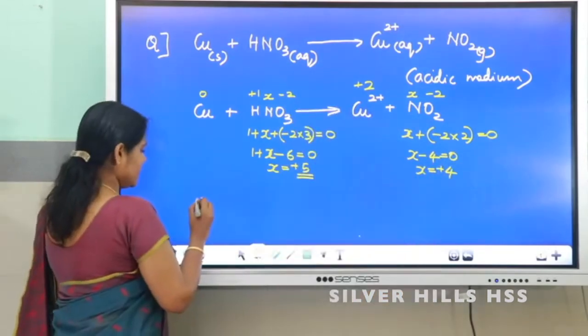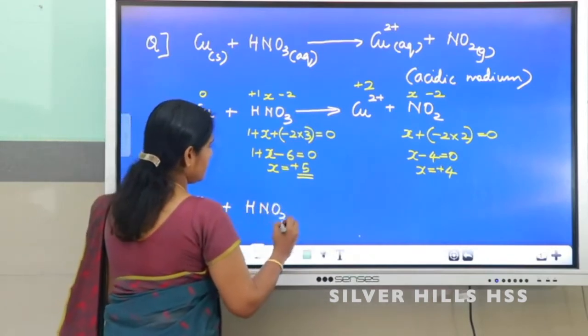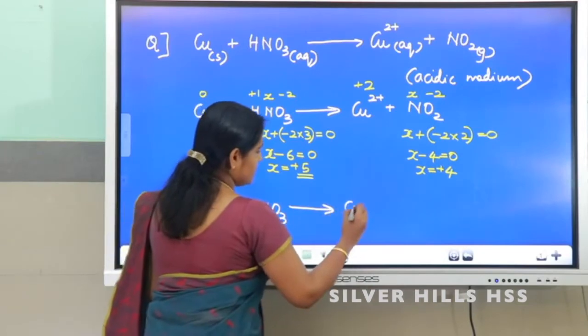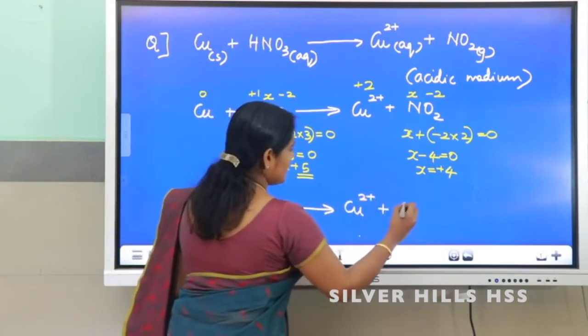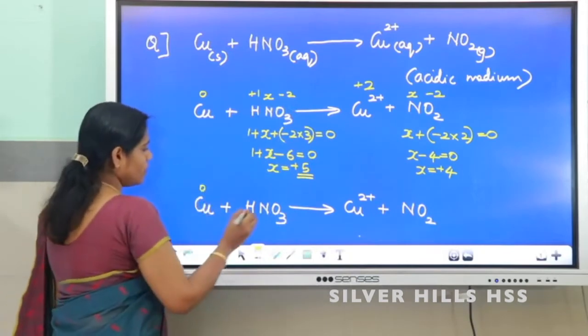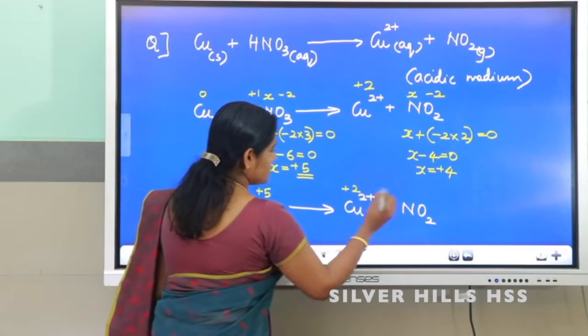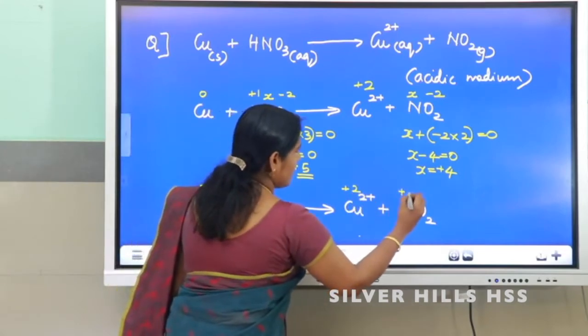So that is Cu plus HNO3 gives Cu2+ plus NO2. Here copper is 0, nitrogen is +5, Cu is +2 and here the nitrogen is +4.